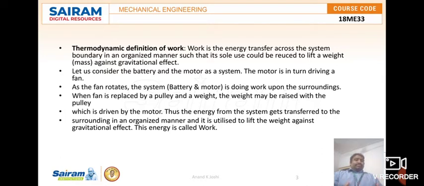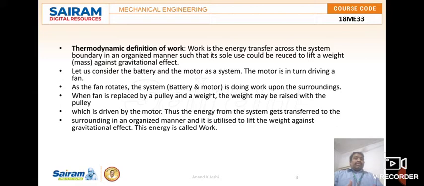Means, whenever work is transferred across the system boundary, it should be in a systematic way, so that the sole effect is lifting a weight against the gravitational force. When it lifts the weight, it is changing the position. So that is also work.